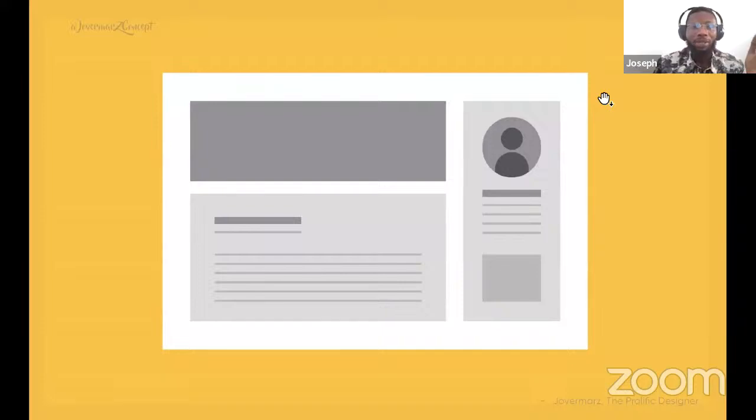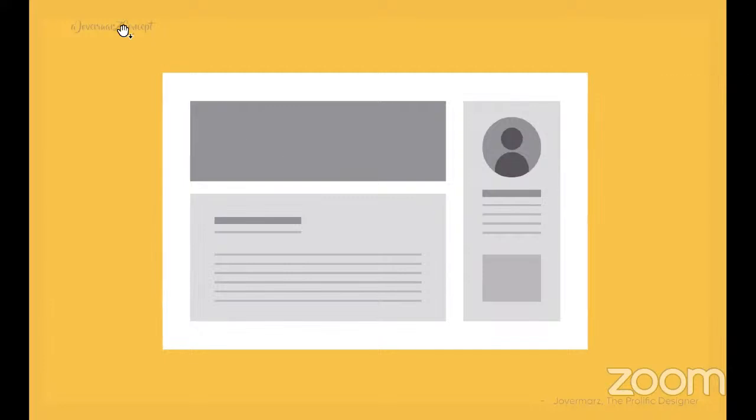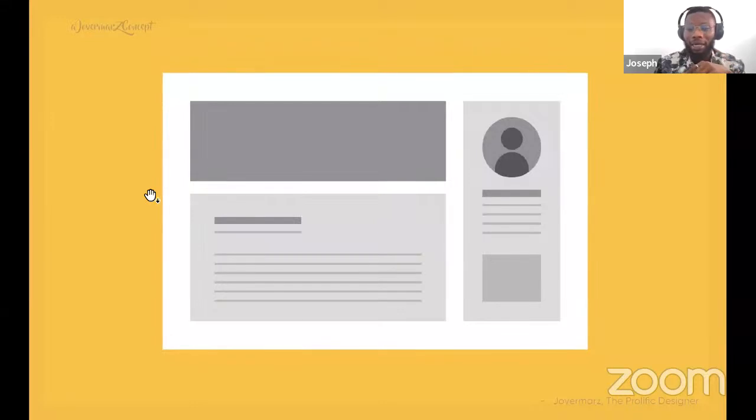Now, this is a perfect example of layout and composition. This is a composition that has layout. Okay, so every composition has layout. So that's why the two of them go together. They work hand in hand. Okay, you can see this layout and it forms a composition.